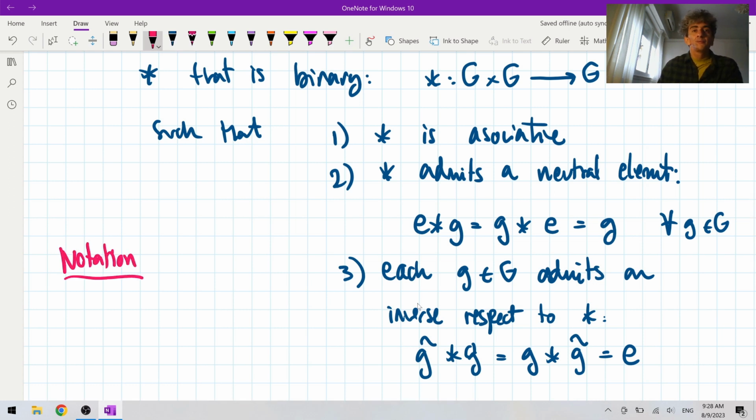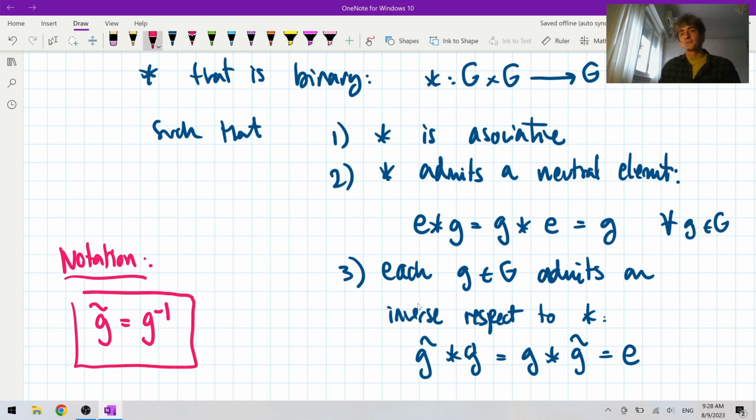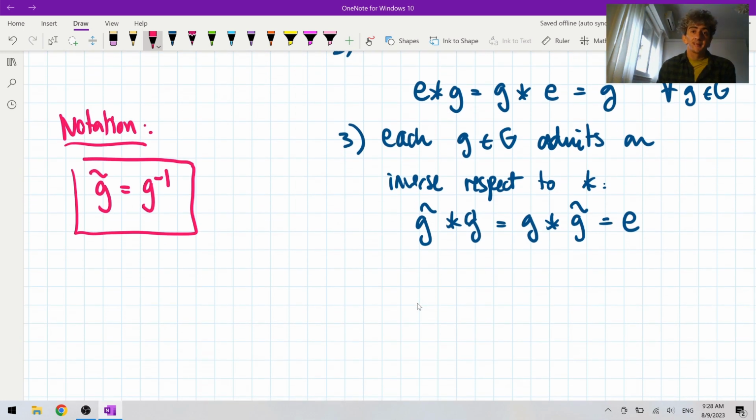Notation: the inverse for g is usually denoted g to the minus 1, we just call it g inverse. So a group is a set G together with this operation which is associative, admits a neutral element, and is closed under taking inverses.